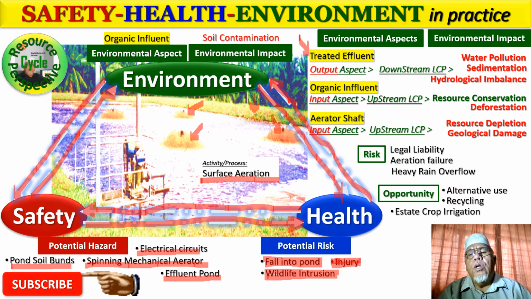The output. Treated effluent is an environmental aspect, but it goes out of this system as an output aspect. Now, what is the associated environmental impact of this output aspect? The treated effluent can interact with any water body that receives it after it has been discharged out of this pond.